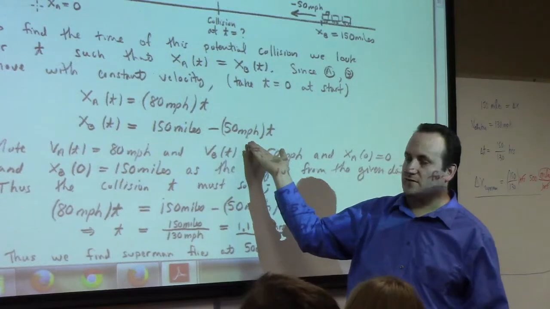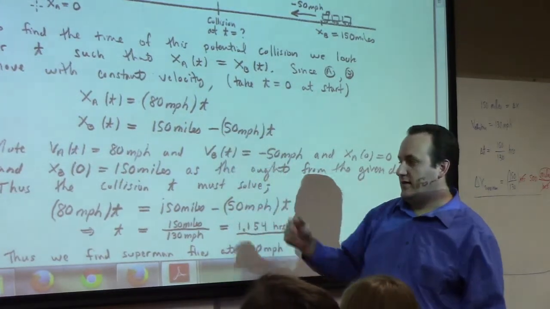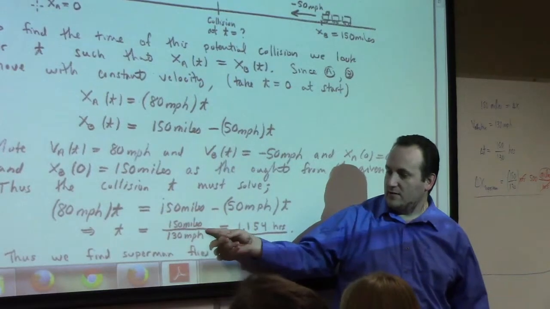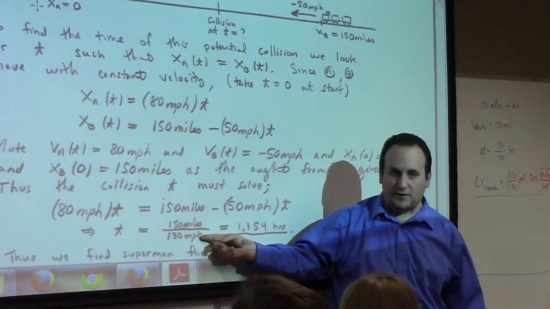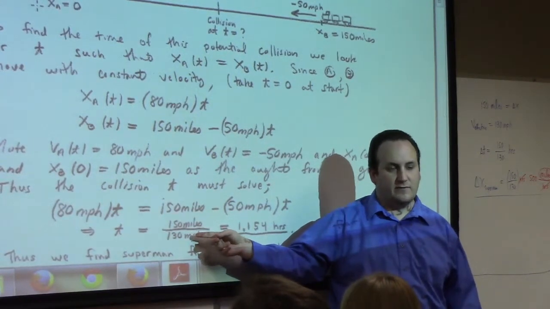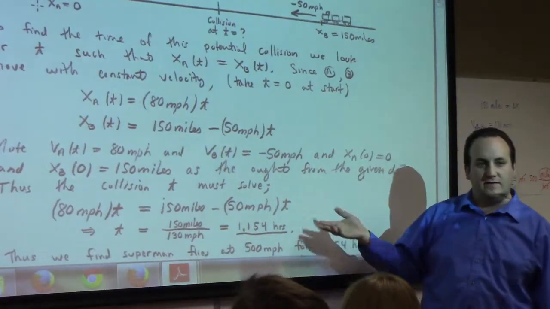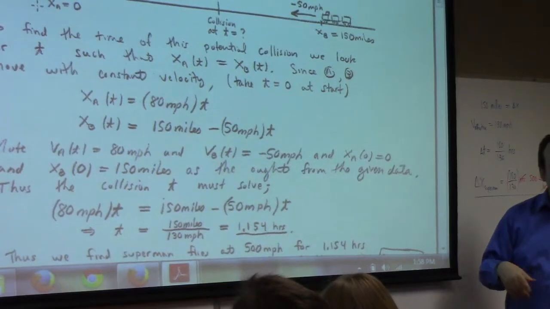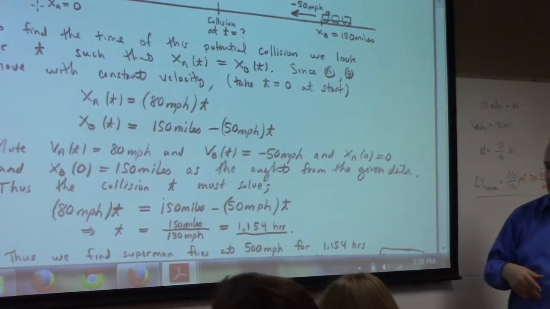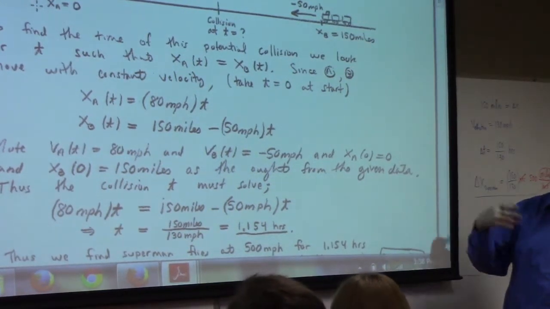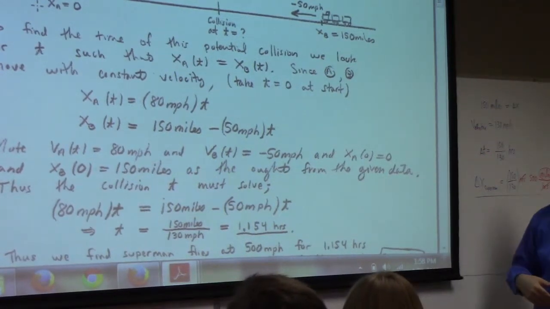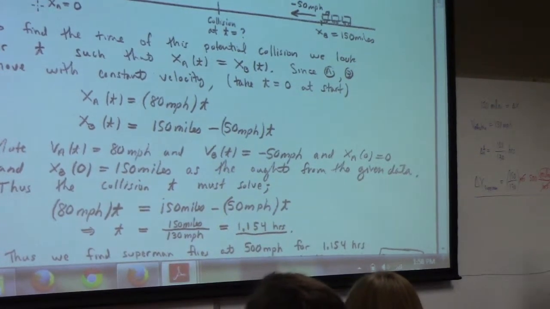That's the equation of motion for train B. And then I equate those to find out that the time when those position functions are equal is, of course, 150 over 130. I mean, all roads lead back to that answer, but this is a slightly less sneaky way to do it. The sneaky way, which was suggested, is a good way, but here's another way. And then, of course, once I have the time, I multiply by Superman's speed, and there it is.